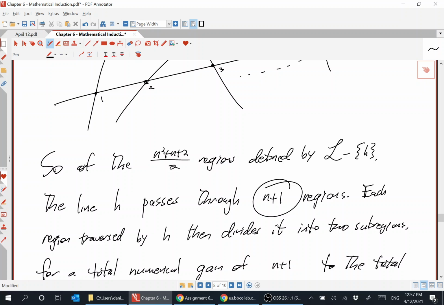So when we're talking about bounded regions, the number of bounded regions increases by 2 less than that, which is what? N minus 1. It's the only difference here. Okay?